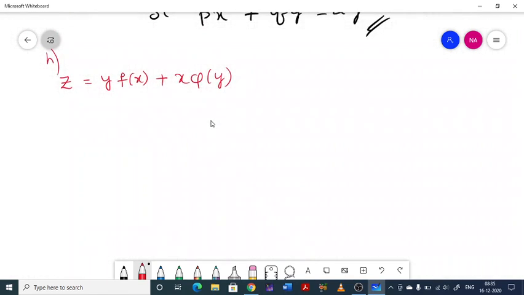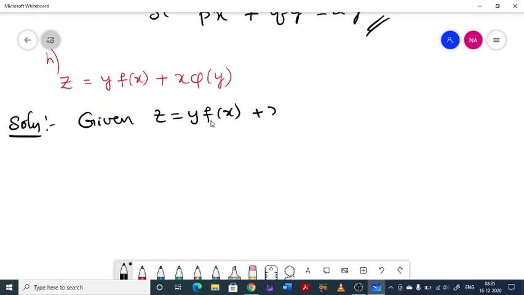So, z equal to y into f of x plus x into phi of y. Solution given: z equal to y into f of x plus x into phi of y. We have to eliminate f and phi.